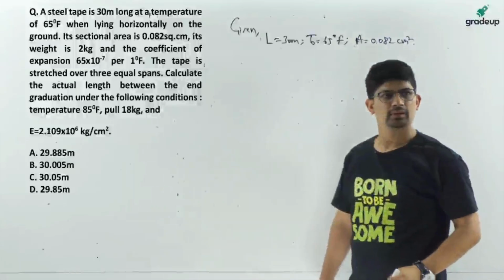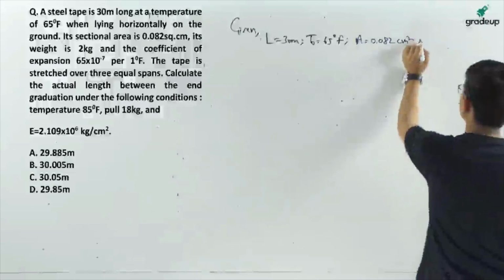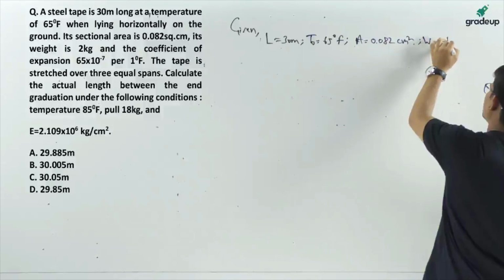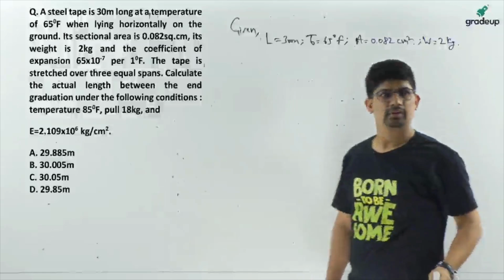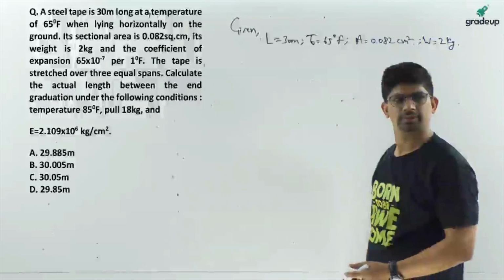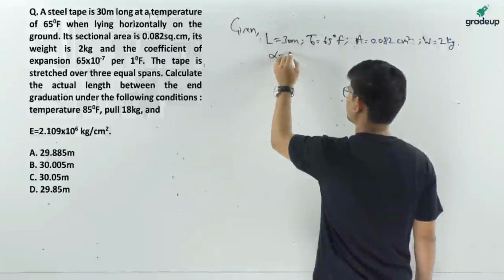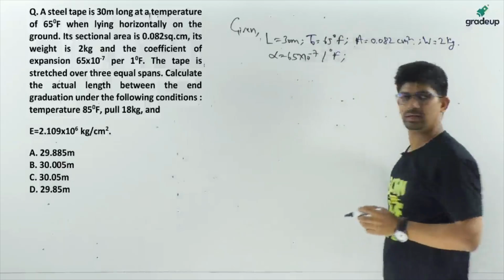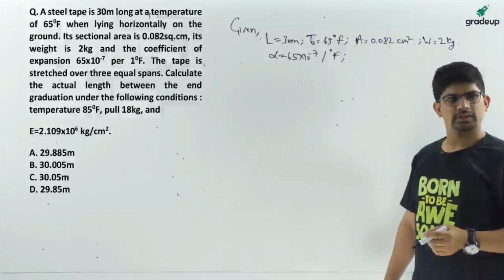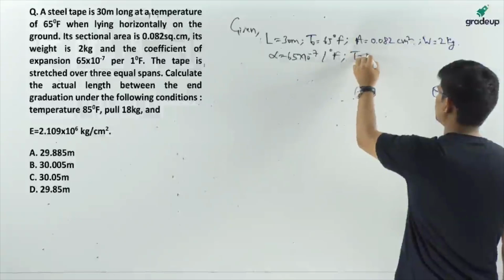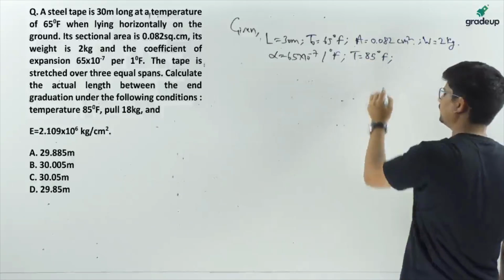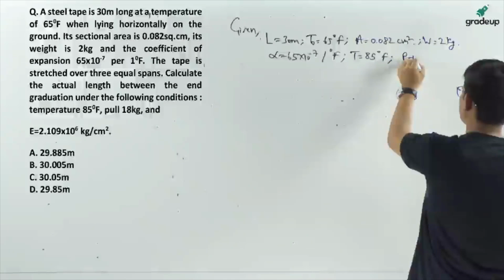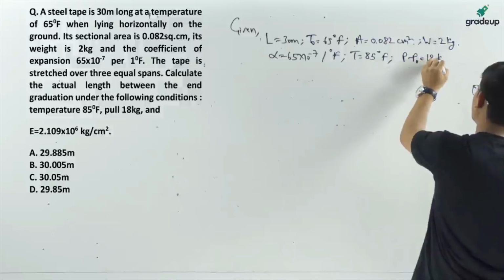What more? Your weight is 2 kgs. Then there is the coefficient of expansion, 65 into 10 raised to power minus 7 per degree Fahrenheit. Alpha is given to you. Then there is temperature T, 85 degrees Fahrenheit. Also the pull is given to you. So P minus P naught is 18 kgs.